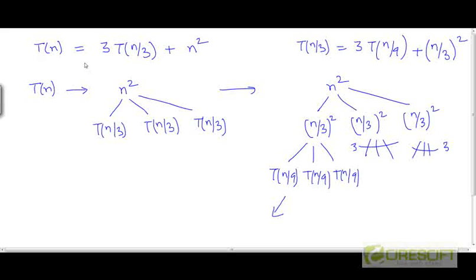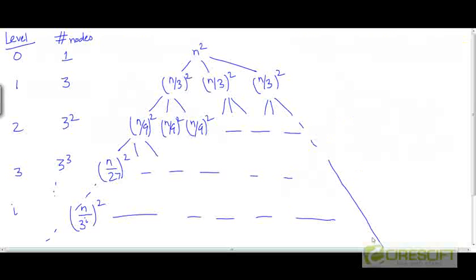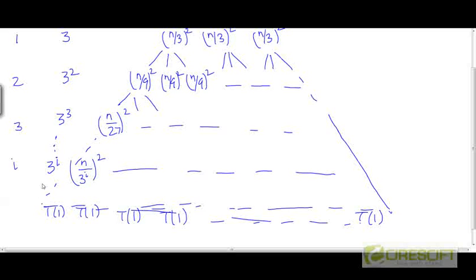So whenever we split a problem into subproblems, we are creating 3 additional nodes at the next level. So the number of nodes goes on increasing by a factor of 3 at every level. At level i, we'll have 3 to the power i nodes. At the very final level, which we'll call level h for the height of the tree, we'll have 3 to the power h nodes, and our problem size would have reduced to 1.